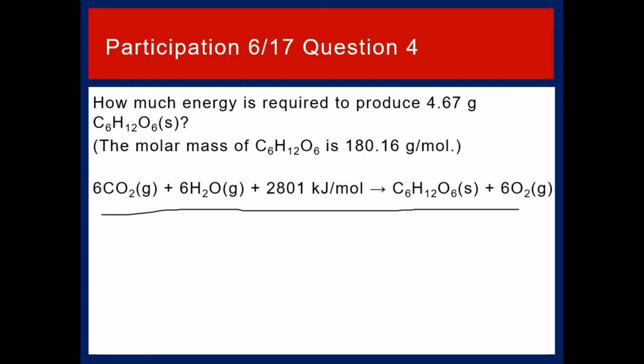This is the 4th question on participation 617, due Thursday, June 17th at 11:55 p.m. over on Blackboard. Link to the assignment is right below the links to these videos. Again, how much energy is required to produce 4.67 grams C6H12O6 solid based on the chemical equation 6CO2 plus 6H2O plus 2801 kilojoules per mole gives you C6H12O6 plus 6O2.